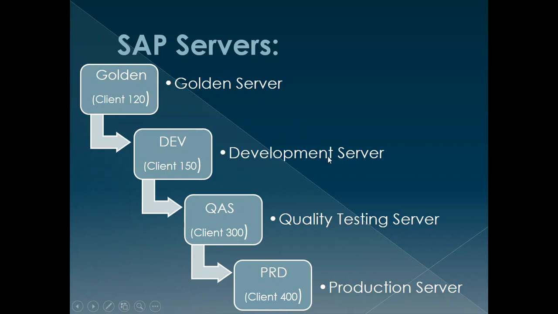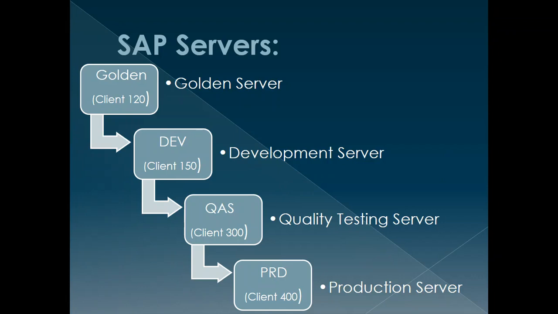It depends on the company what number they want to give to their servers. Say the server number is 120. Next is development client. Third is QAS, quality, and fourth is production.